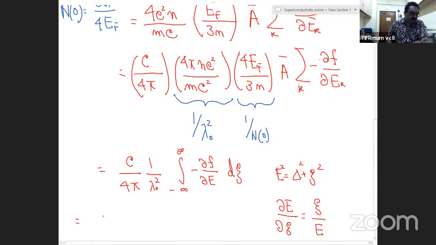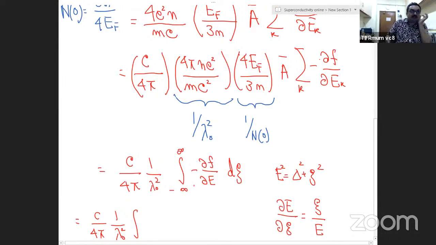So therefore, this thing will become C by 4 pi, 1 by lambda 0 square, and then I will do a change of variable. Instead of d xi, I will keep here dE.